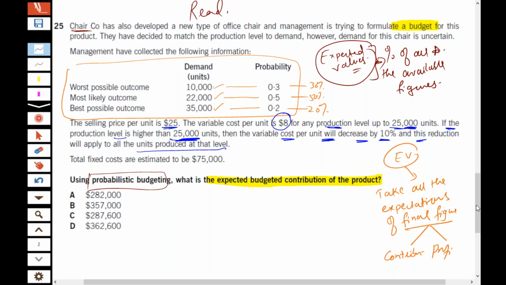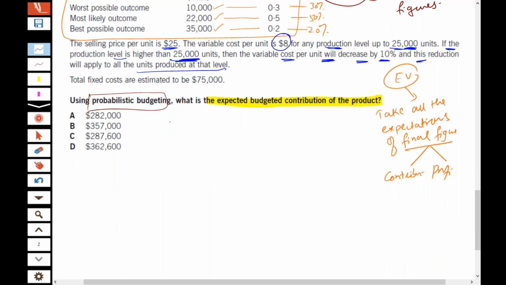Okay, now there are two possible variable costs. Number one variable cost is $8, and number two, my variable cost may be 10% lower, which is 8 multiplied by 90%, and it would become 7.2.